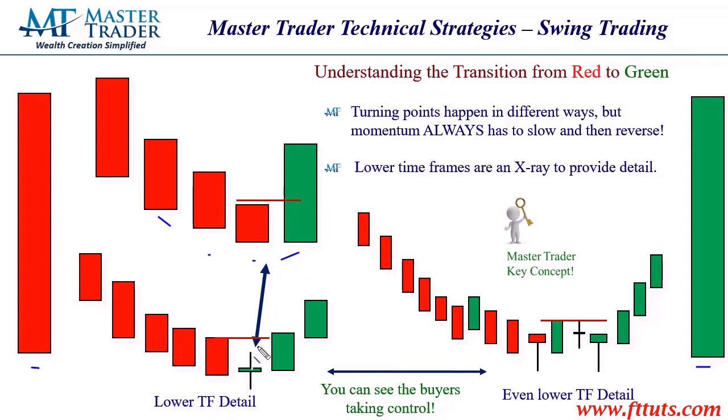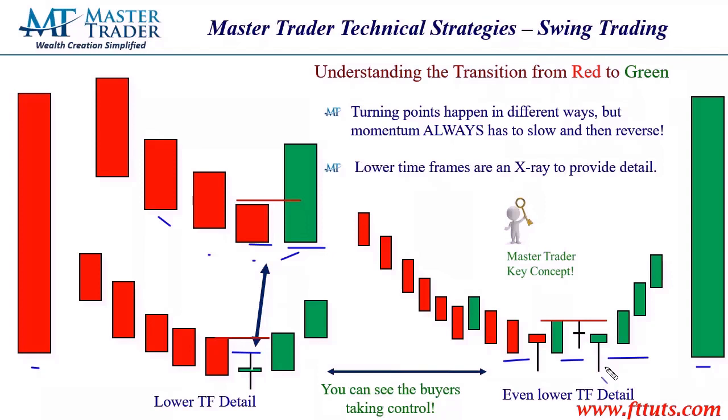If we go down to an even smaller time frame, we see a slowing in momentum in the transition from this red bar into this green bar. And if we went down into a smaller time frame, we might see these bottoming tail bars and a retest and a more detailed pattern.